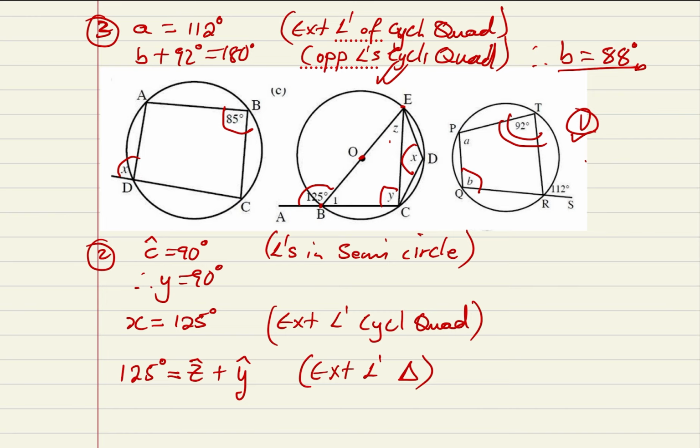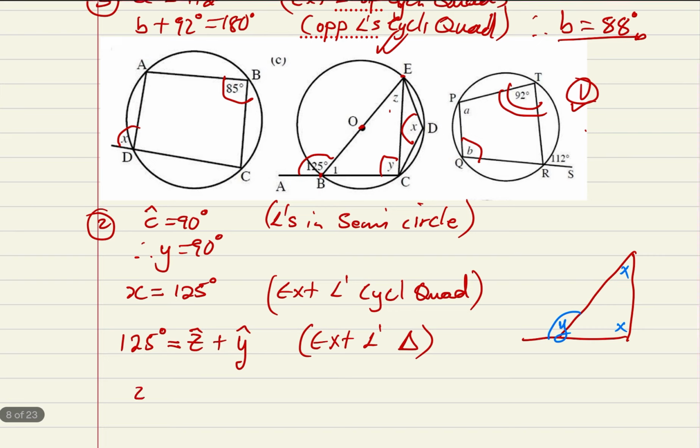I hope you remember this one. It is standing like this, guys. This angle is equals to this one plus that one. This is an exterior, guys. I hope you remember it from where we started from.